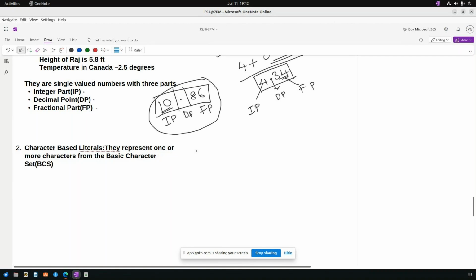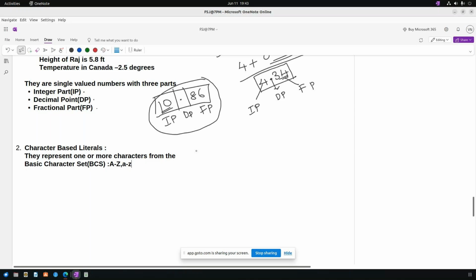Let me write. Basic character set is nothing but collection of A to Z, collection of small a to z.